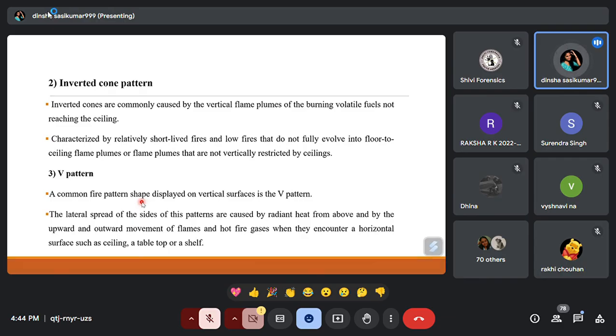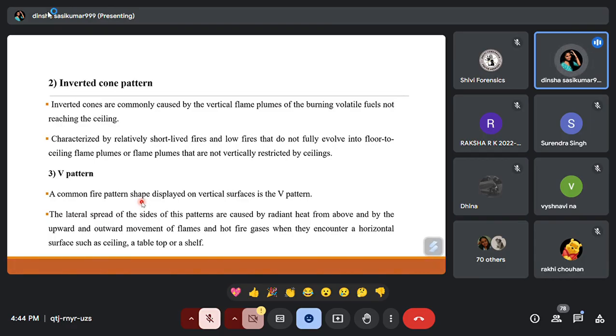Inverted cone patterns are commonly caused by the vertical flame plumes of burning volatile fuels not reaching the ceiling, so it may look like an inverted cone. That's why it is called the inverted cone pattern. They are characterized by relatively short-lived fires and low fires that do not fully evolve into floor-to-ceiling flame plumes, or flame plumes that are not vertically restricted by ceilings. So this kind of pattern is also an important clue that we have to check for when we are investigating a scene.